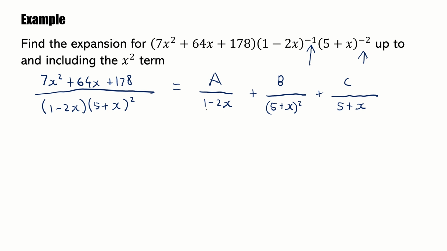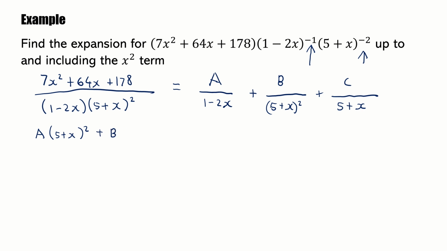Cool. And then we've got to create the equation that will help us find the value of a, b, and c. So to do that, we need to recreate in these three partial fractions the original denominator of the original fraction. So therefore, 1 minus 2x needs to be multiplied by 5 plus x all squared in order to create that denominator of 1 minus 2x times 5 plus x all squared.